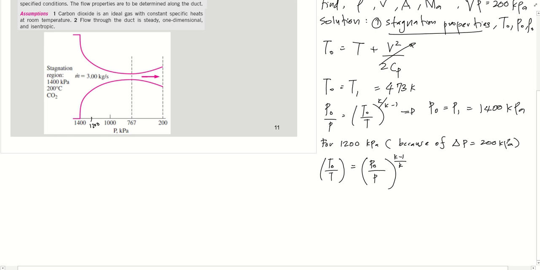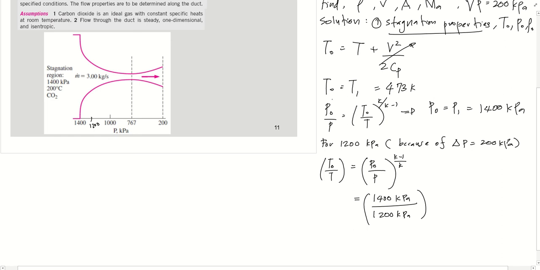Rearrange this equation, you will obtain T0. P0 is 1400 kilopascal. P, our corresponding pressure, is 1200, and then K minus 1. K for carbon dioxide, you may refer to the table.